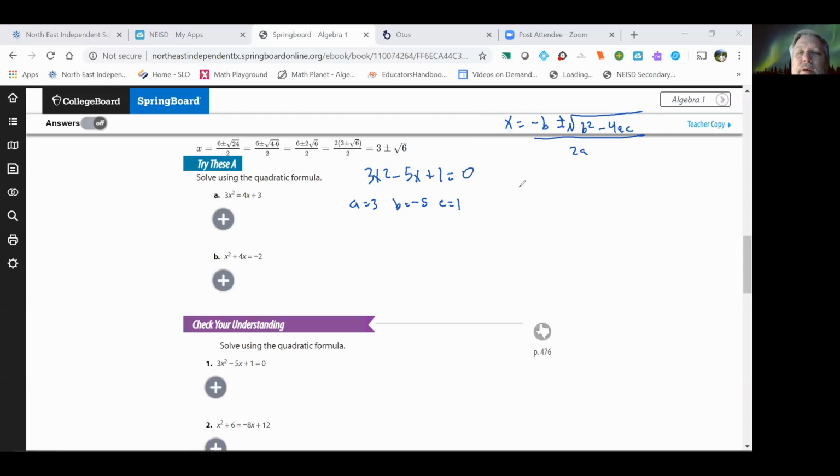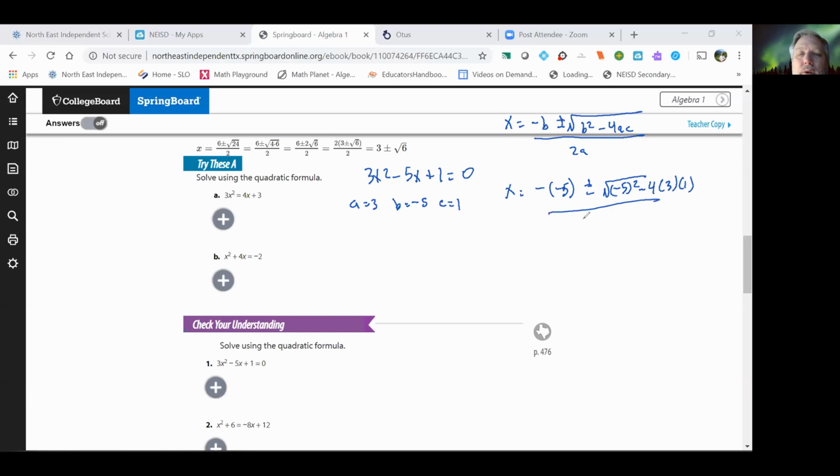Plug in the coefficients. So x is equal to negative 5 plus or minus square root of negative 5 squared minus 4 times 3 times 1.